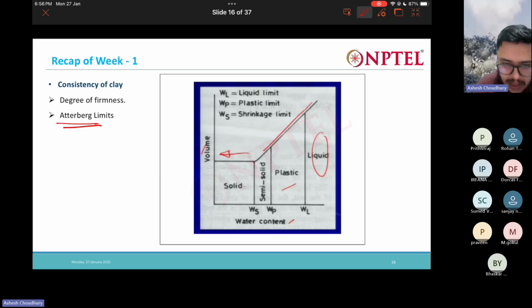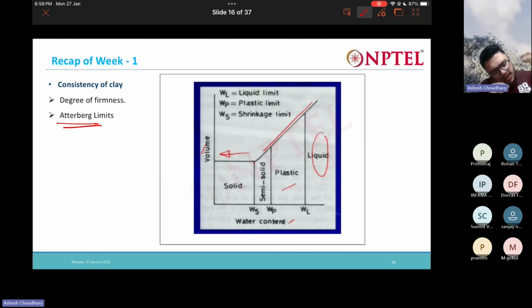Then you further dry out the soil and you will reach the semi-solid state. When the water content is between Ws and Wp, the soil is in the semi-solid state. And this Ws is known as the shrinkage limit. Why the term shrinkage limit? Because as you dry the soil below Ws, letting more water dry out, you see the volume does not change anymore.